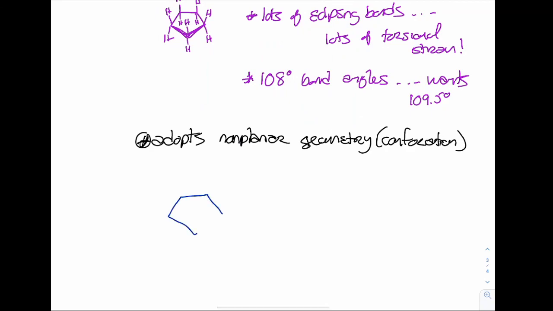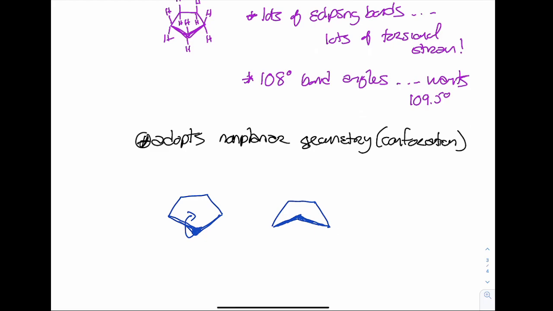So if I look at this guy again, I'm going to leave the hydrogens off this time so it's easier to see. We're going to take this carbon that's coming out front, and I'm going to bend that up, just like we did with cyclobutane. So it's now going up. And same sort of idea. I am increasing angle strain a little bit.